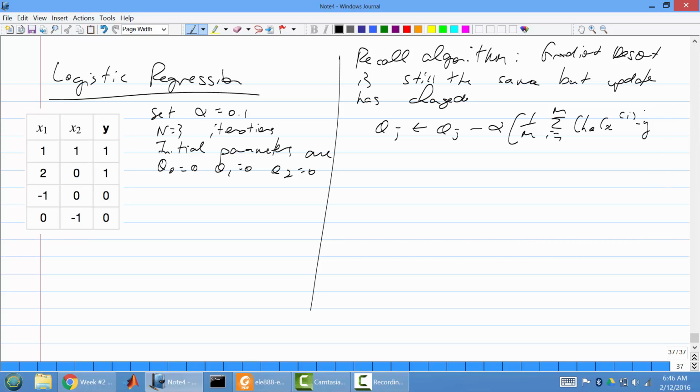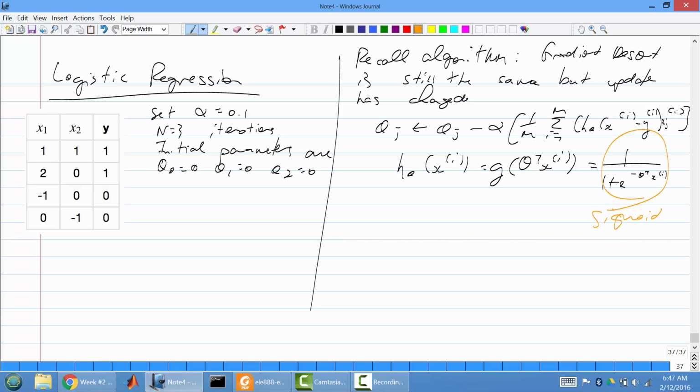This is a really important rule that I don't want to forget. But the hypothesis is the sigmoid function. Okay, this is the sigmoid function. Also, the cost function has changed.